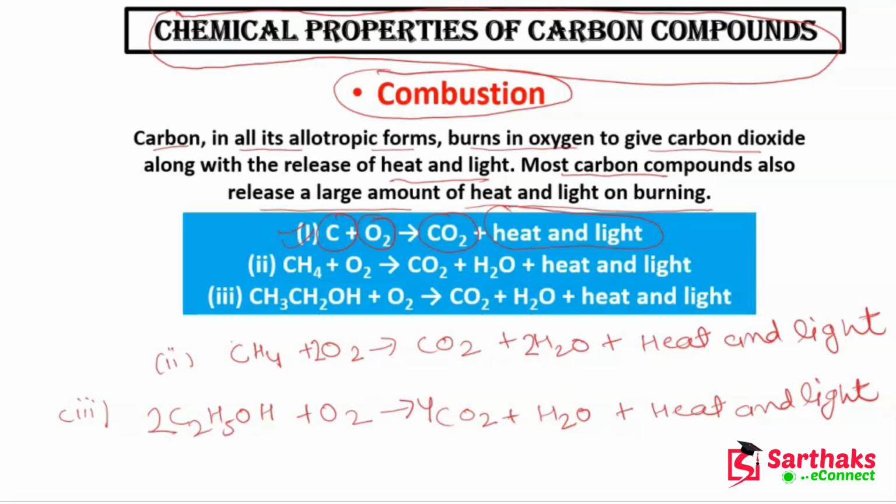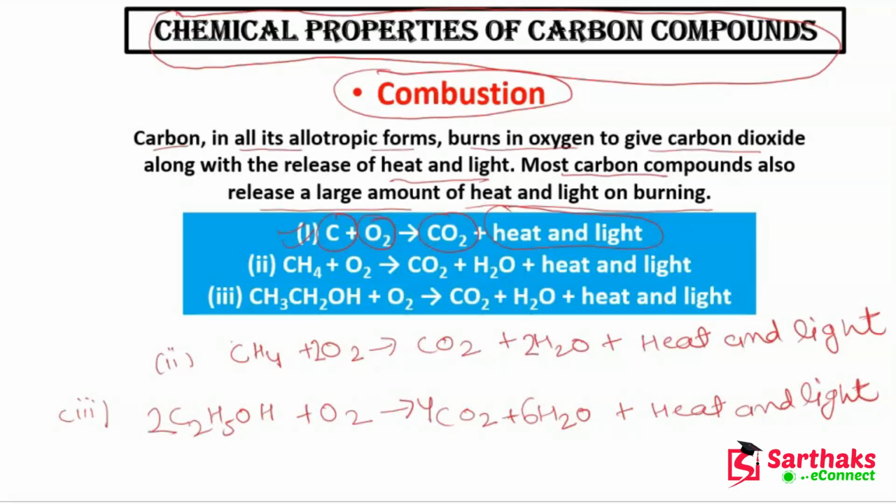Now we will multiply by 6 here. You can see the number of hydrogen is balanced: 12 hydrogen is present here, and on the other side 5 plus 1 is 6, multiplied by 2 is 12. So 12 hydrogen on the left side and 12 on the right side. Hydrogen is balanced.